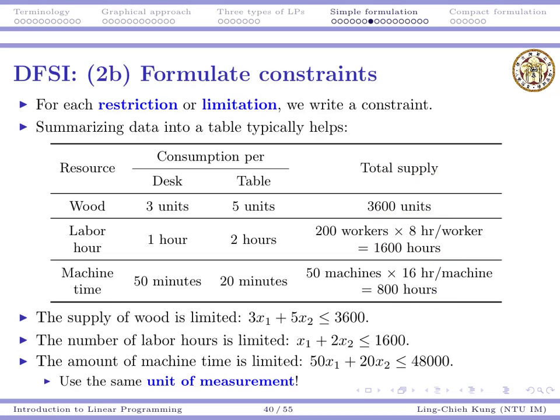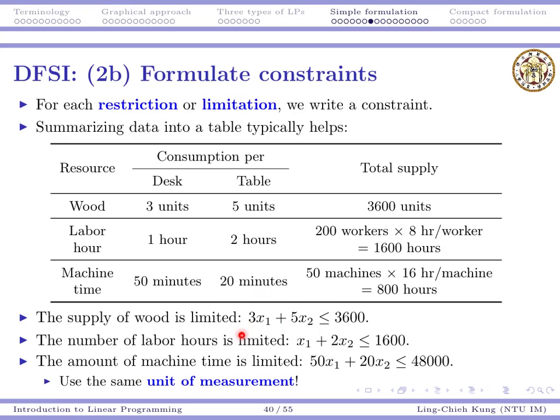For the supply of wood, we know 3x1 plus 5x2 cannot be greater than 3,600. Why? This is the amount, the units of wood we used to produce desks. This is the amount of wood we used to produce tables.